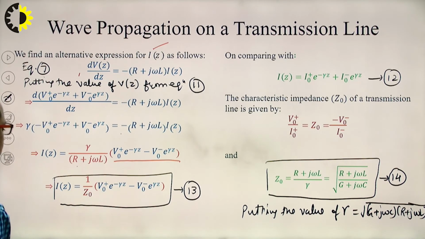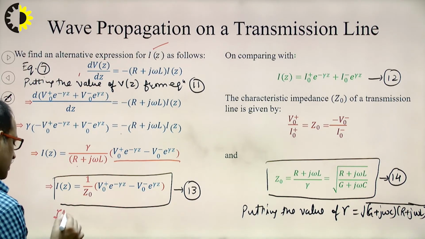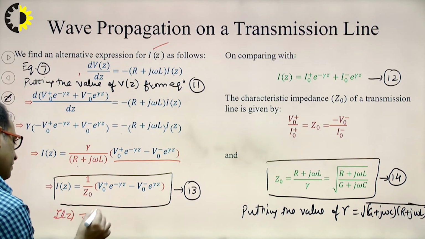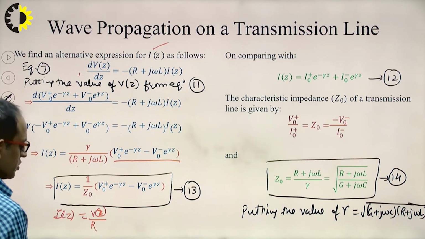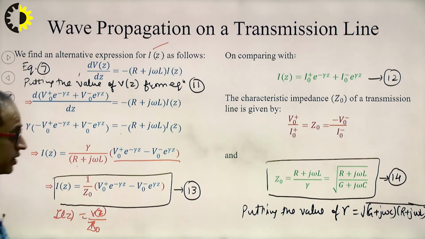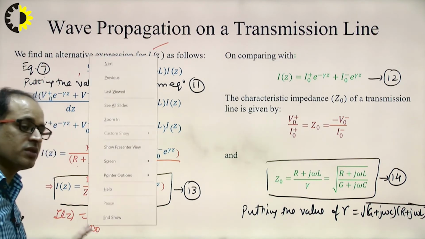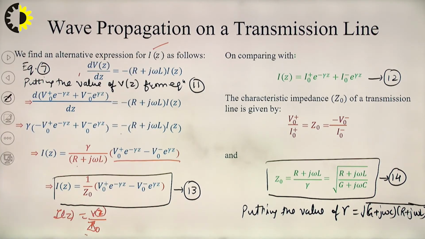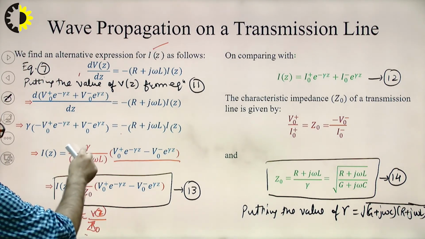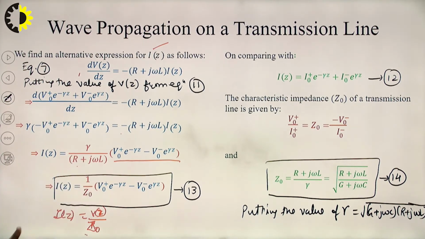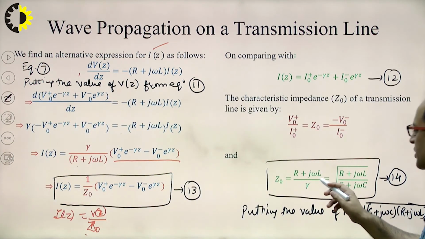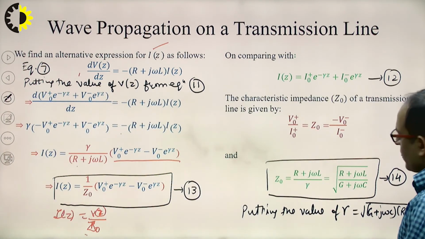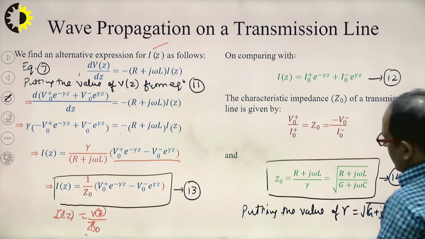Now see, what will V(z) divided by I(z) represent? It is Z naught, the characteristic impedance of the transmission line. So Z naught will be equal to (R plus j omega L) divided by gamma, and put the value of gamma here.